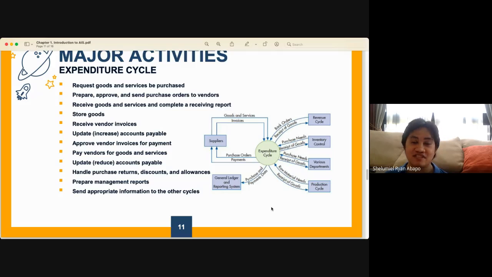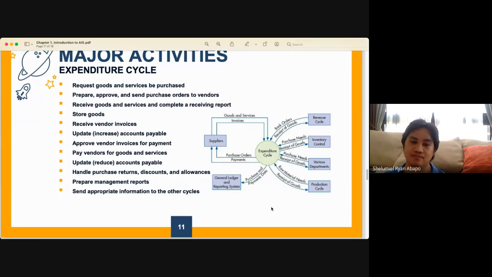the receiving report. Note that the receiving report that you will be preparing upon receipt of these items, inventory, delivered by your supplier is basically a confirmation now that a copy of your purchase order matches now the items received upon delivery. Kasi sometimes may kulang yan or sometimes sobra. So i-match mo yan siya or ibangga mo siya doon sa purchase order.